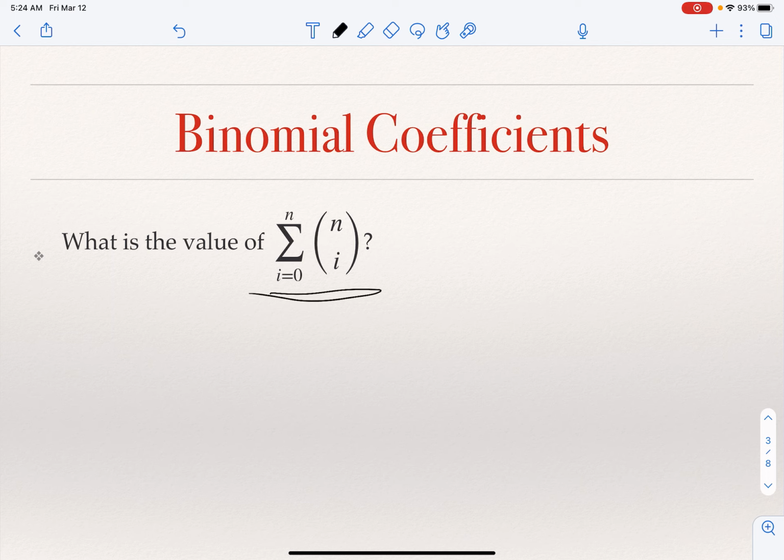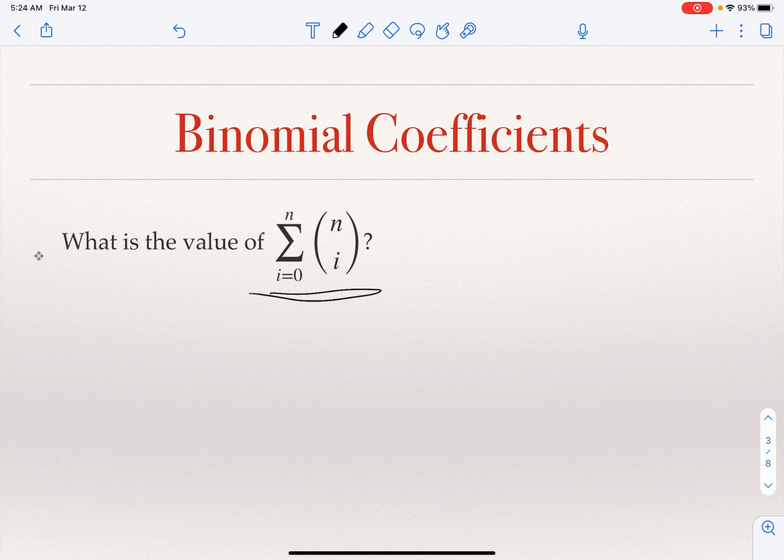For example, what is the sum from i equals 0 to n of n choose i? Where would this arise? Suppose the question is, count the number of subsets of a set of size n.